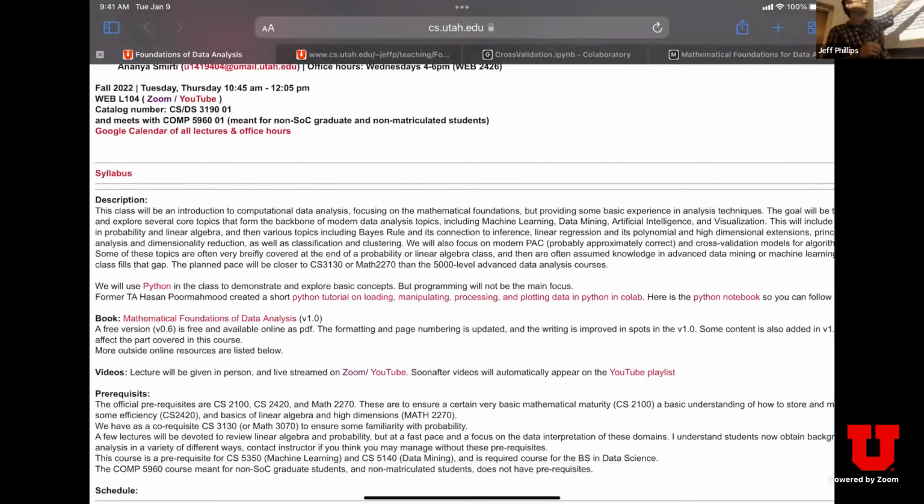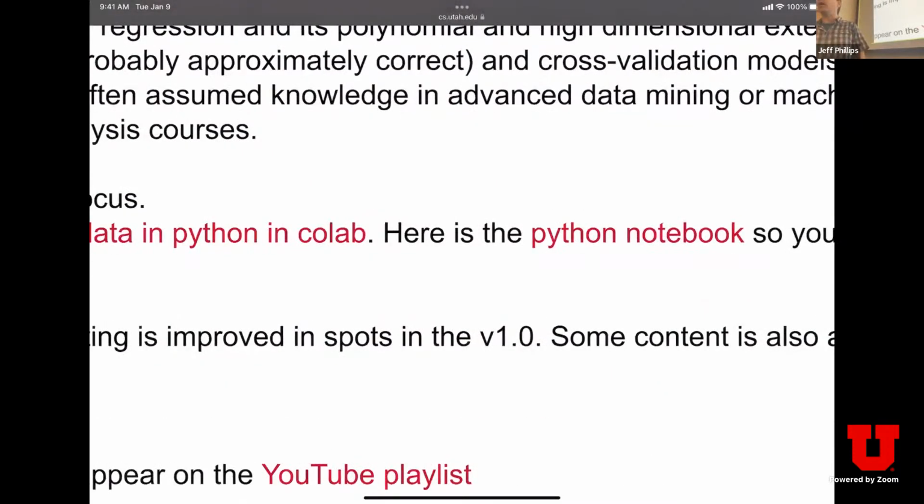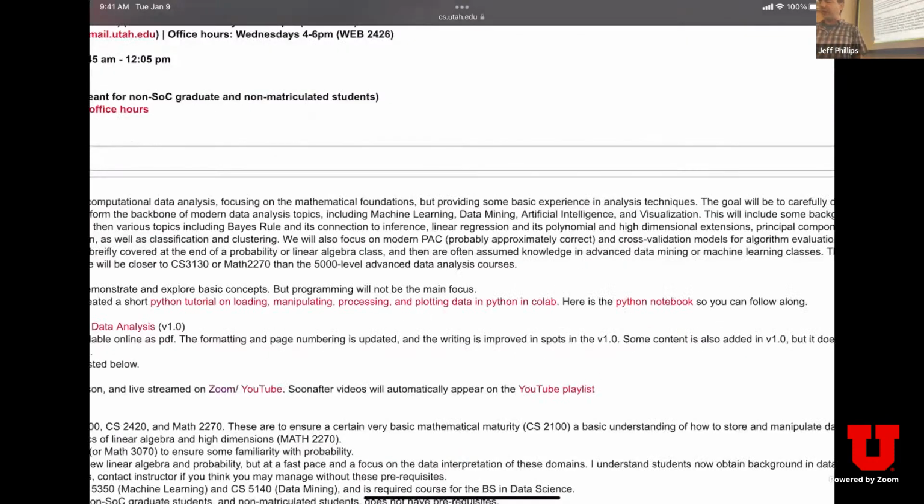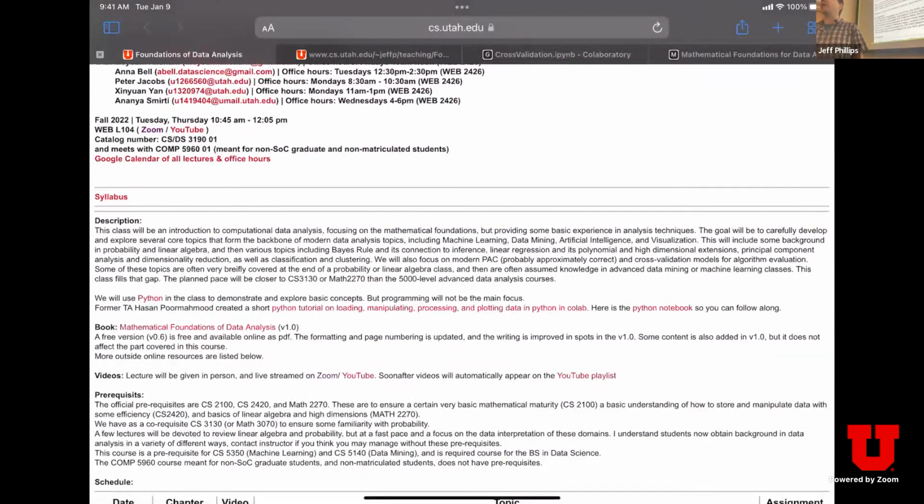There's also a Python notebook that has the examples in there. It walks through most of the examples, and then you'll be asked to do some slightly different stuff.